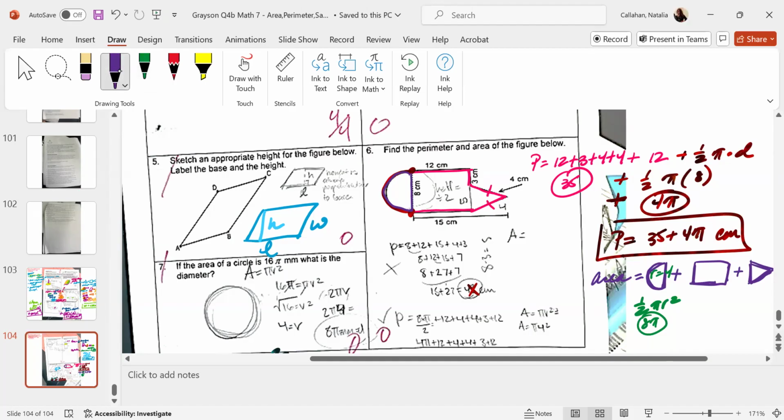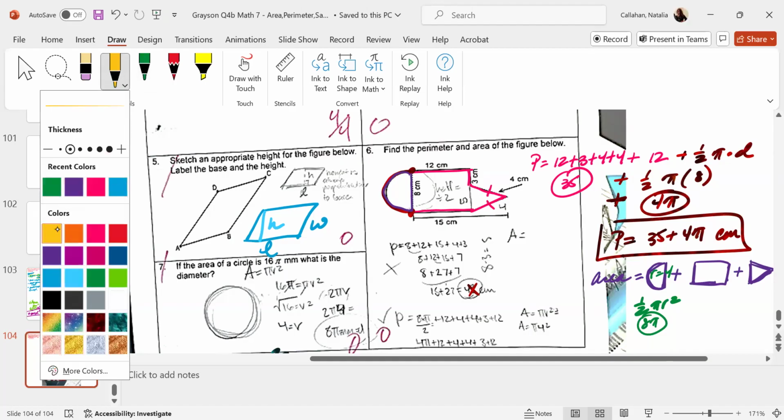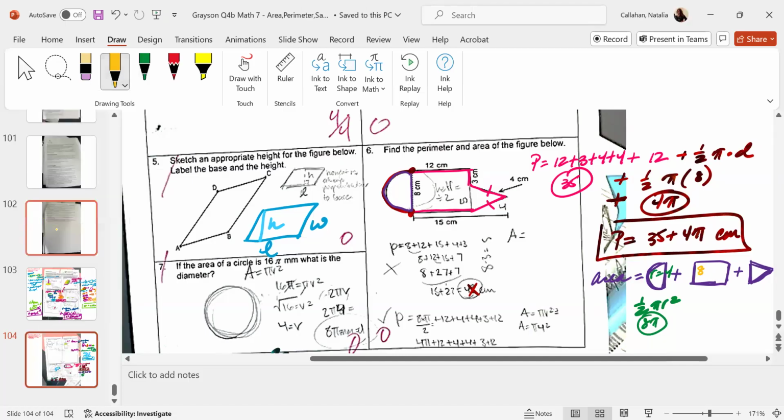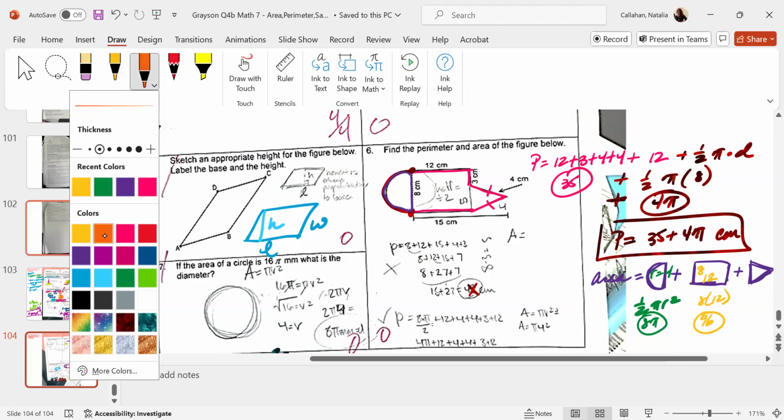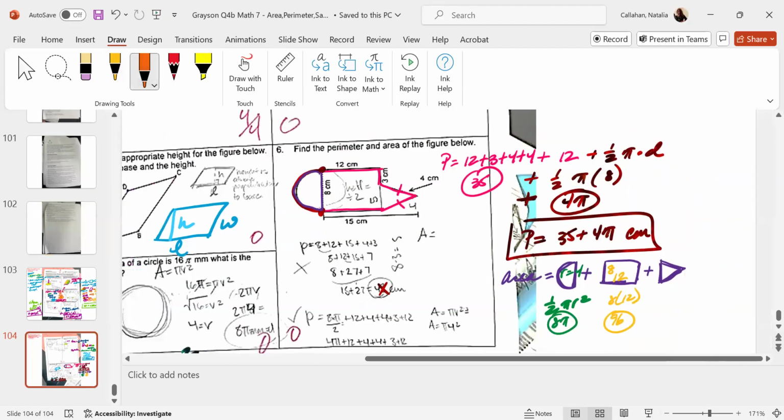Then your rectangle. What are the dimensions of your rectangle? What are the two sides of your rectangle? Can you explain the process for the semicircle? I got lost. Area of the semicircle?